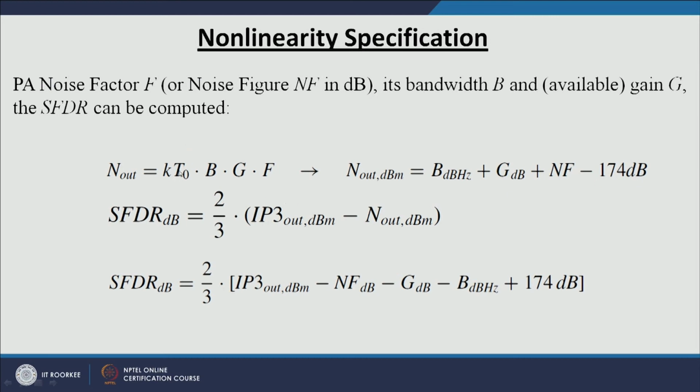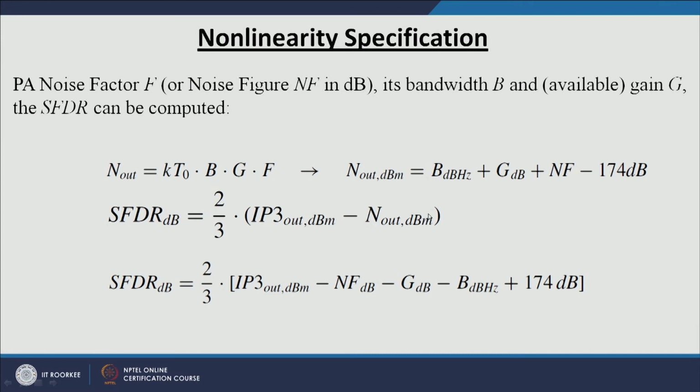That was from the Boltzmann constant and the temperature in Kelvin. So, with that calculation KTB gives this value, and this B is actually the detector bandwidth. So, we already have this calculation of N out, the output noise power.